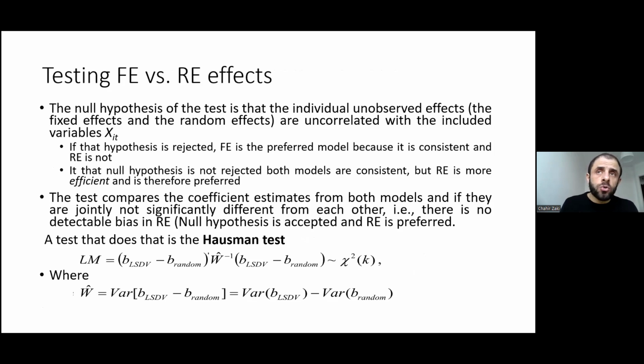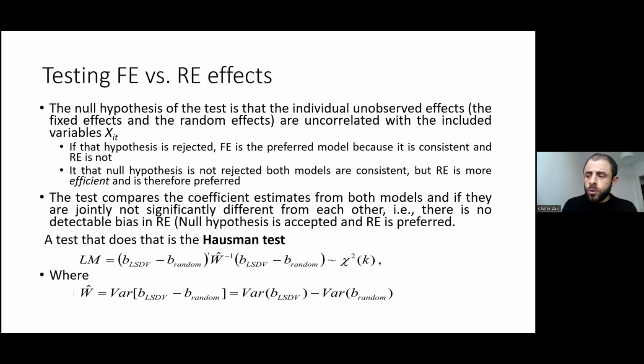Because the fixed effects model controls for the omitted variable bias, which means that when I'm comparing the fixed effect relative to the random effect, I'm comparing whether the fixed effects will lead to more consistent estimates, because in this case, the random effect will lead to biased estimates, or in the case where both of them will lead to consistent estimates, which one will lead to more efficient estimates? And in this case, it will be the random effects model.